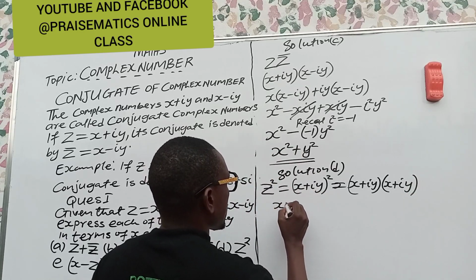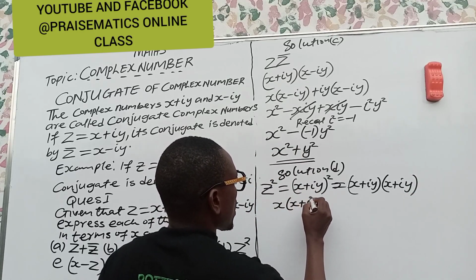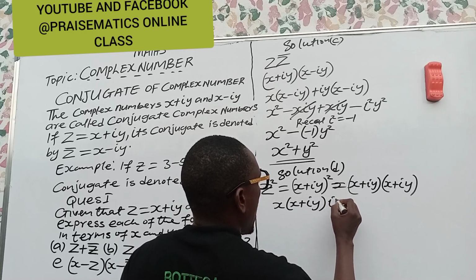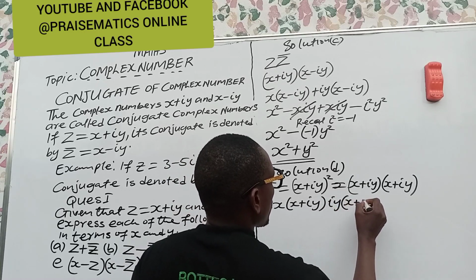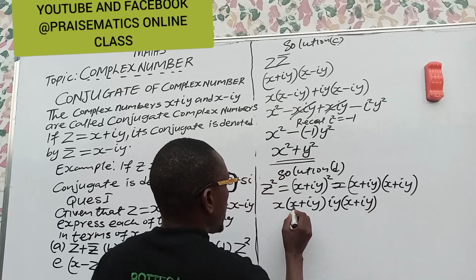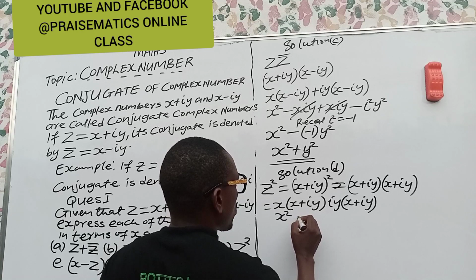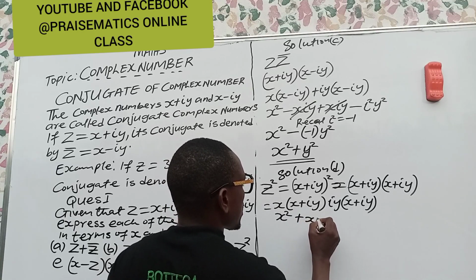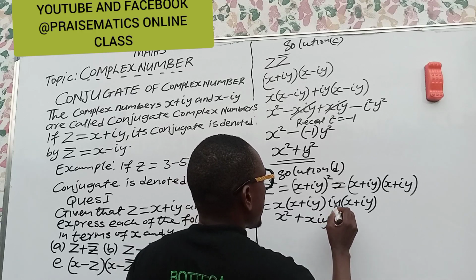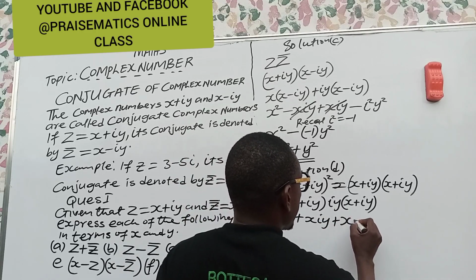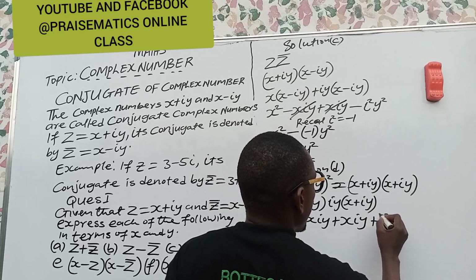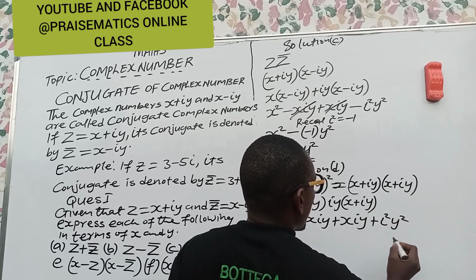That is x into x plus iy, then iy into x plus iy. x times this will give us x squared. x times this will give us plus x iy, plus x iy, plus i squared y squared.